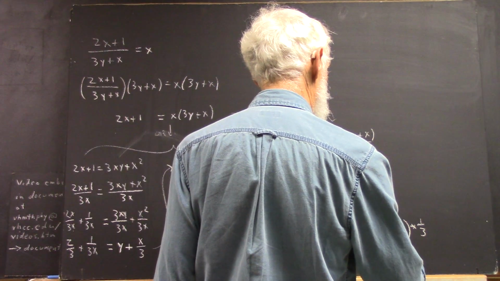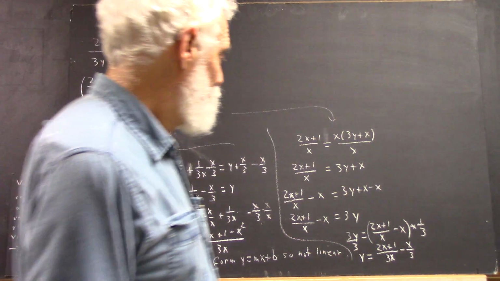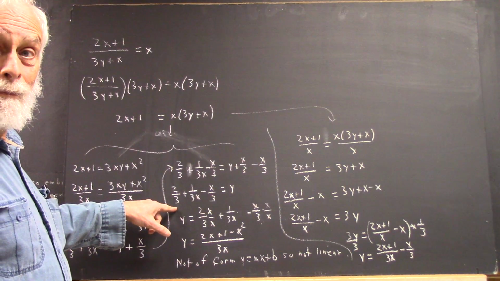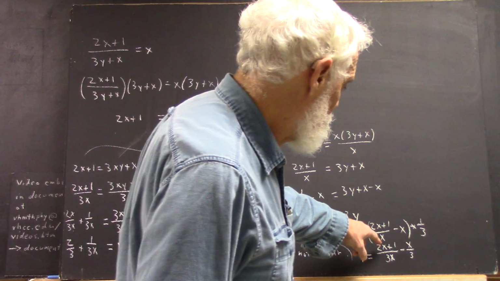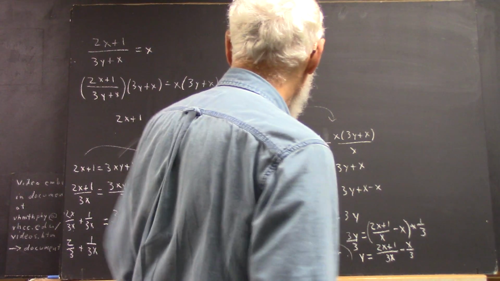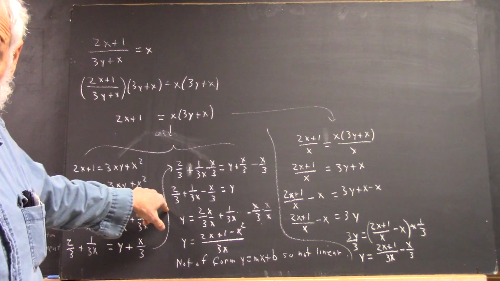over 3x. That was going to be linear if I didn't have that x down there, wasn't it? Well, this is exactly the same as this. If we separate this out to 2x over 3x plus 1 over 3x minus x over 3, the 2x over 3x will become the 2/3 and so forth.